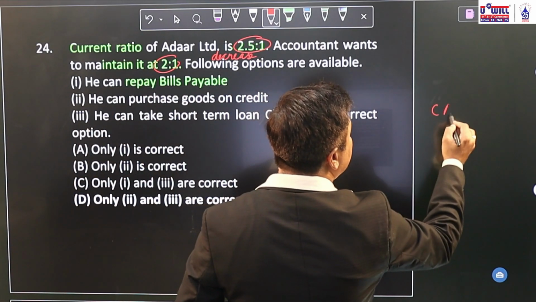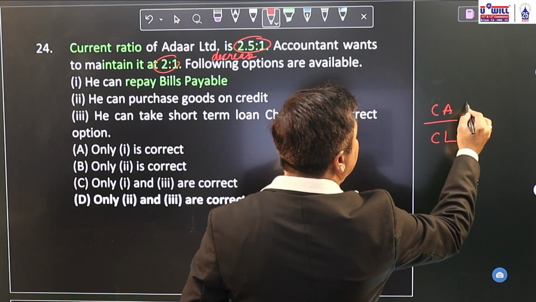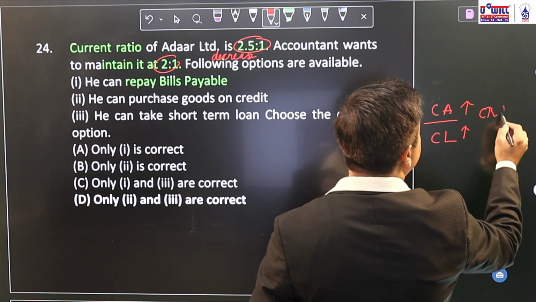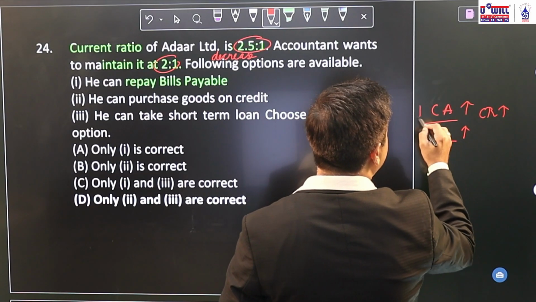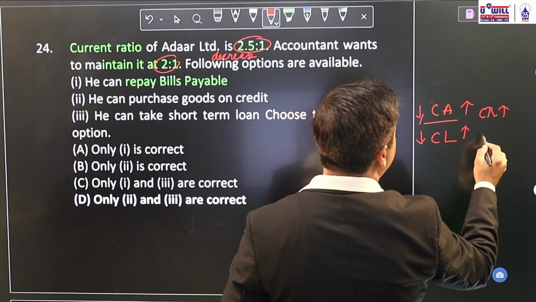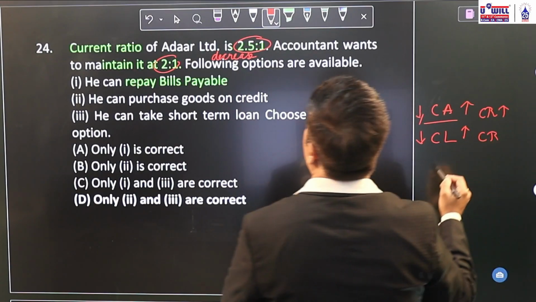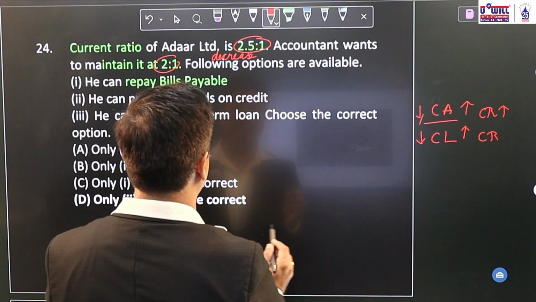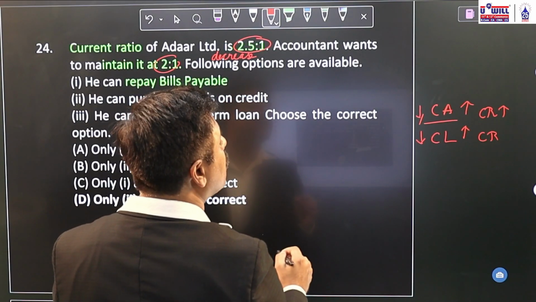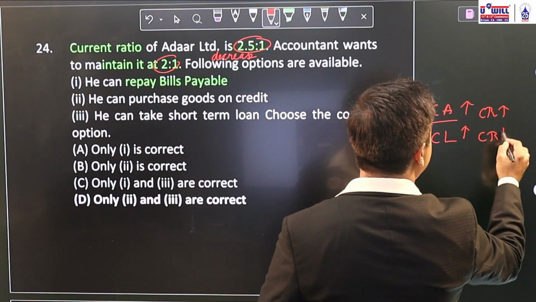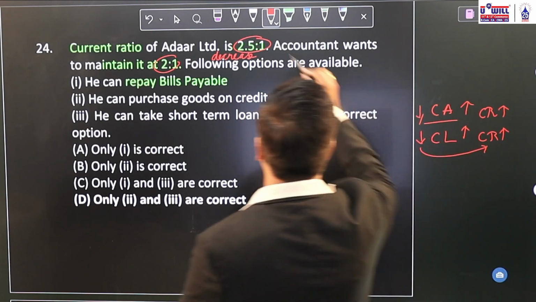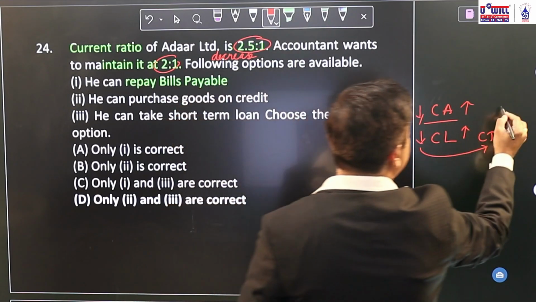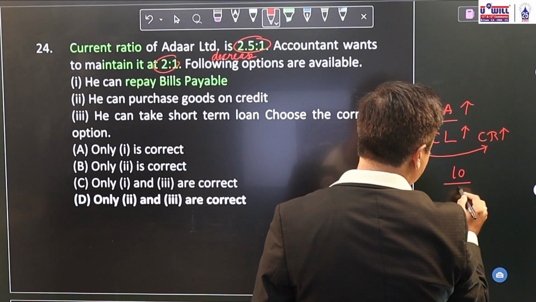The formula is current asset upon current liability. If both increase, then current ratio will decrease; if both decrease, current ratio will increase. Understand it with figures. Suppose current ratio is 10 upon 5, 2:1.